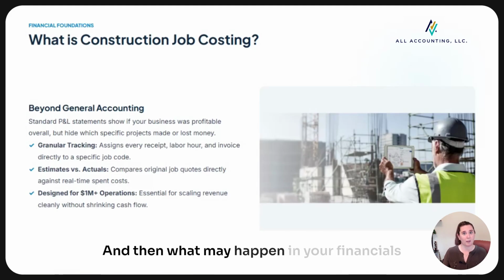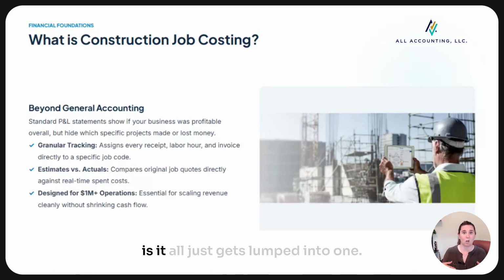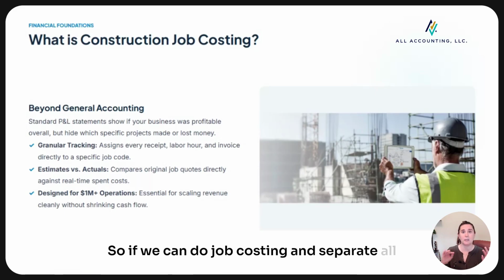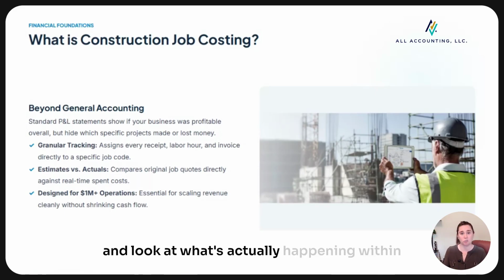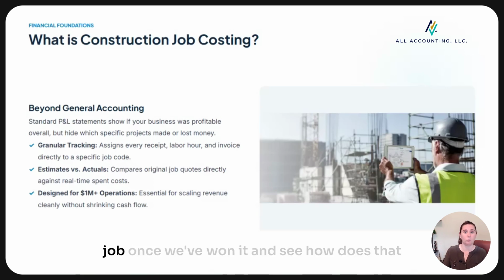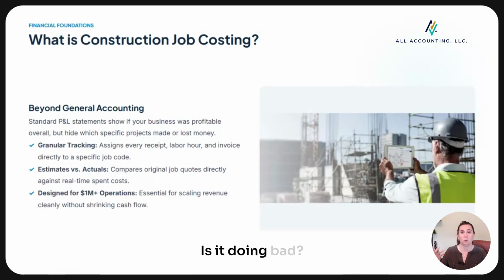What may happen in your financials is it all just gets lumped into one. If we can do job costing and separate all of that out, we can look at our estimate and at what's actually happening within the job once we've won it, and see how it compares. Is it doing well? Is it doing badly? What does it actually look like?